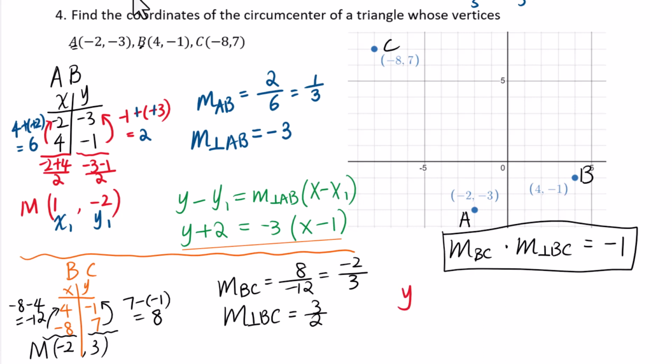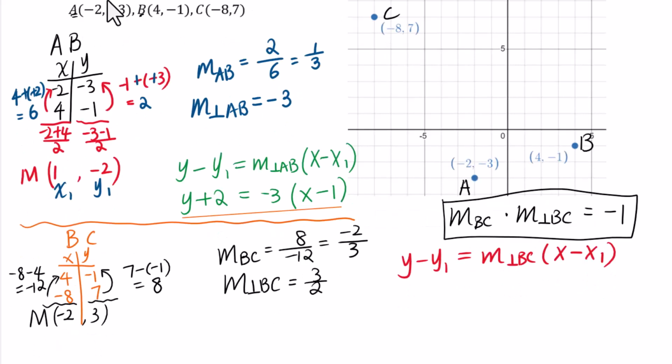Then y minus y1 equals slope of perpendicular bisector of BC times x minus x1. Let's label x1, y1. y minus 3 equals 3 over 2 times x minus negative 2, which is x plus 2.